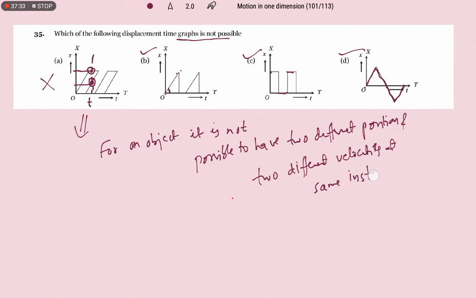The time is the same, but the particle has how many positions? Two positions. That's why it is impossible.